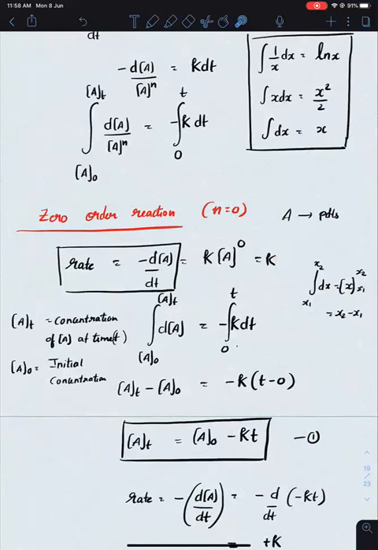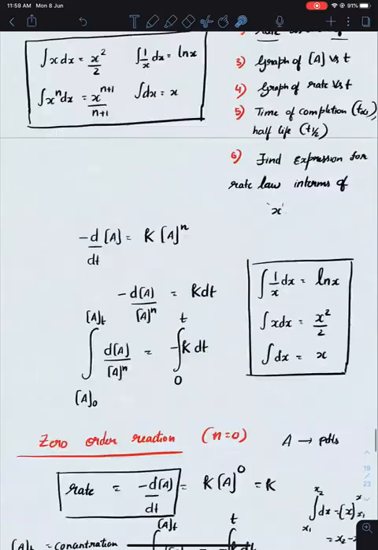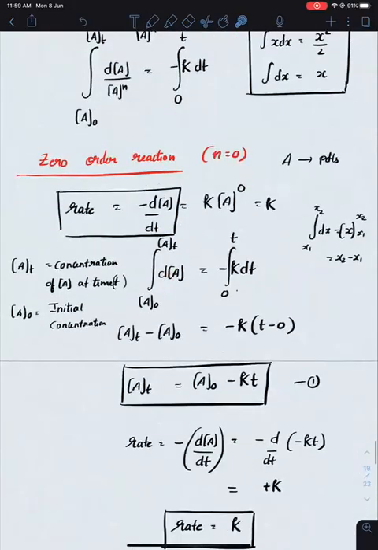take similar variables on one side. इसमें दो variables है A as well as t. So integral dA equals minus integral k dt. You need to integrate from A naught to At and from time 0 to t. Integral dx is nothing but x, so integral dA will be A. Substituting the limits, the upper limit is At, lower limit is A naught.